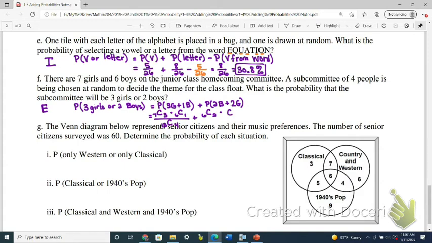Times 7 girls choosing 2, all over 13 choose 4. I get 35 times 6 plus 21 times 15, all over 715, which is 525 over 715, and that is 73.4%.